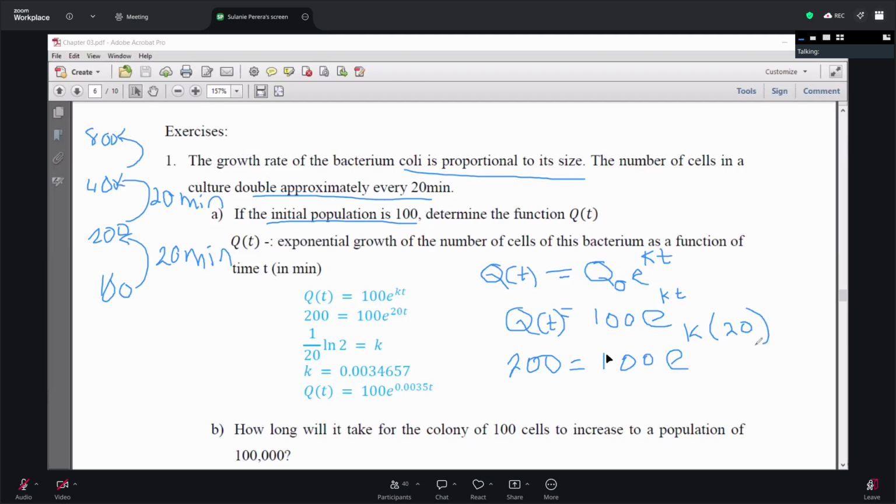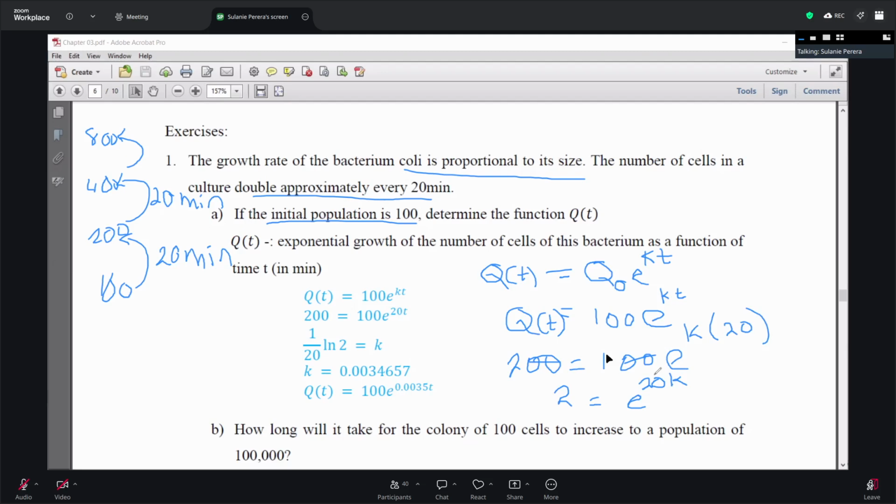You plug in 20, you don't need to convert it into hours. So I can divide 200 by 100. The zeros will cancel, so we have 2 equals e to the 20k.